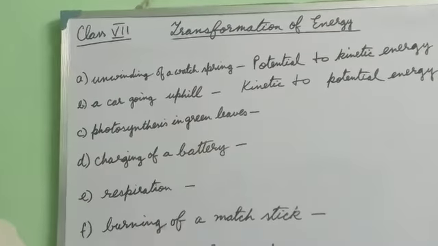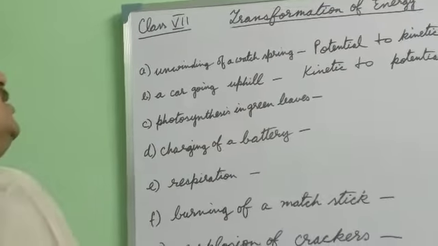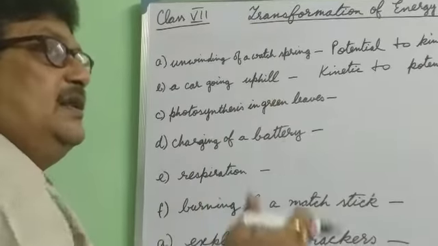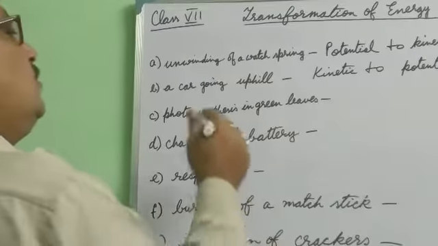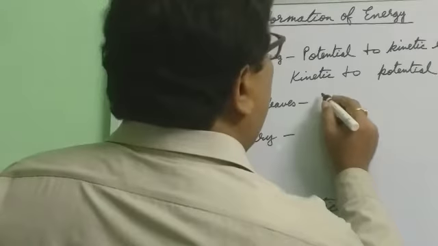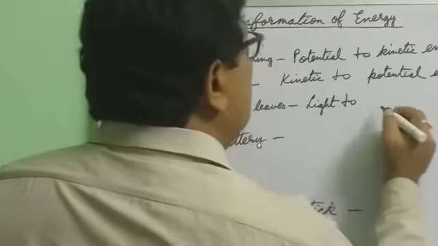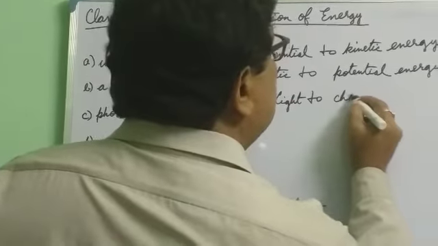Next, photosynthesis in green leaves. Photosynthesis is done after having the light, that is sunlight. So we will write over here light energy to chemical energy.